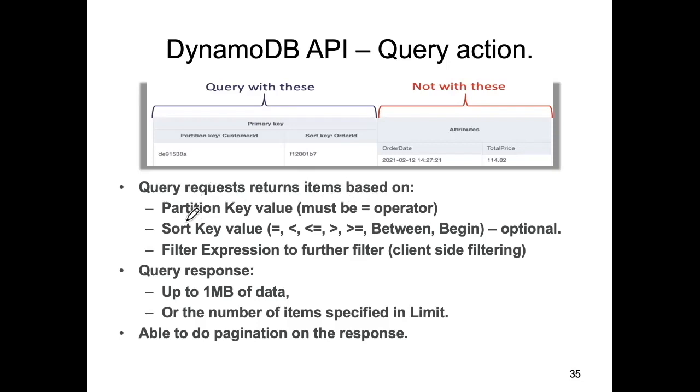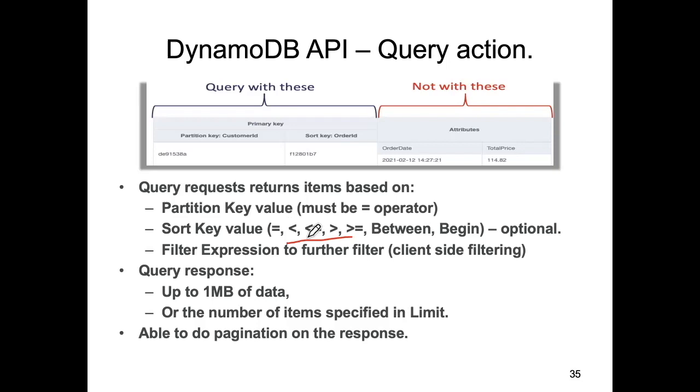The sort key part, though, can be a range of values. So you can use things like less than or equal to, greater than or equal to. Obviously, these only make sense if the sort key's type is a number type. You can also have the sort key as a single value, but if you're going to do that, then you may as well use a single item approach rather than a query approach.